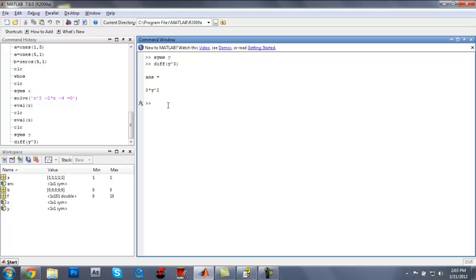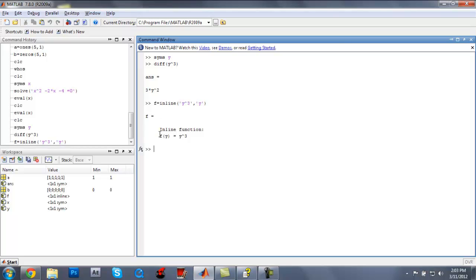So for example, I am giving the function name f is equal to inline, in single quotes, my function value y to the power 3, comma, and without a space you have to write the variable which you are using, that is y here, hit enter.